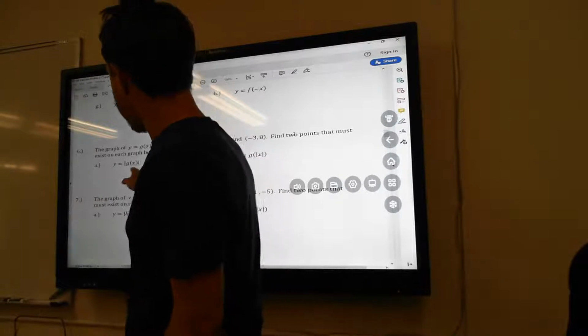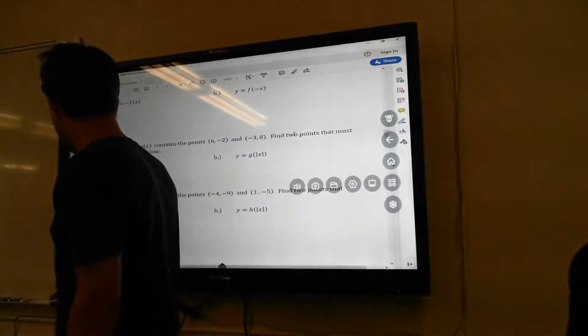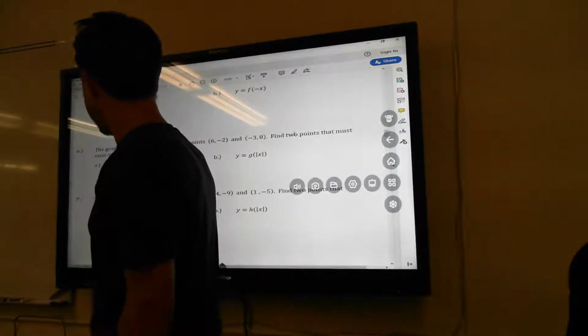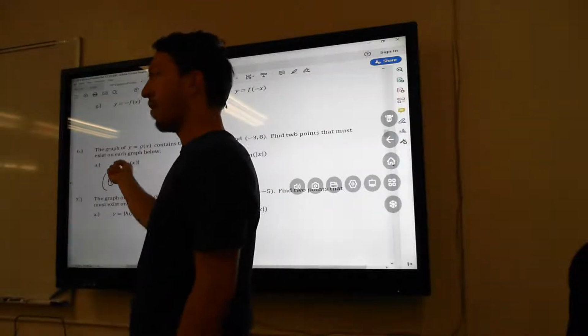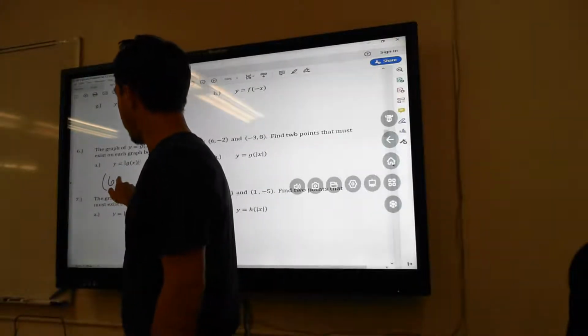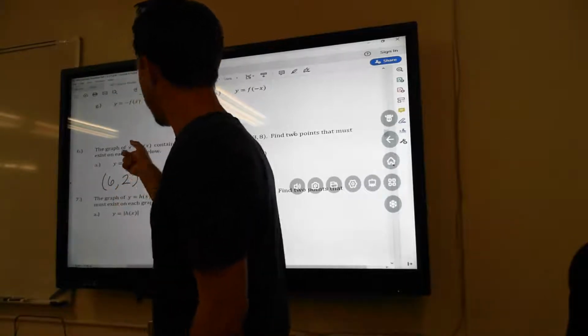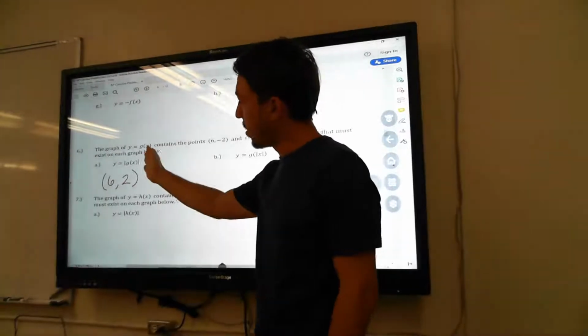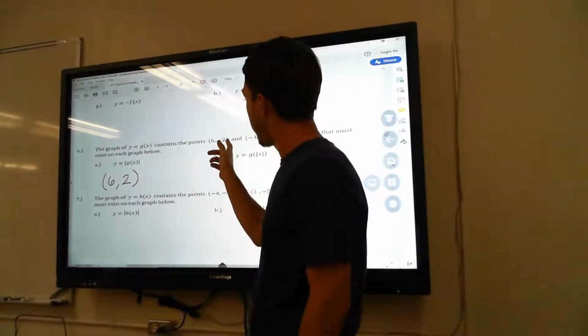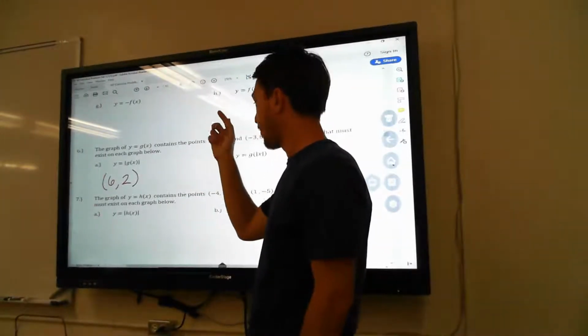Can I still plug 6 in? Yes, if I plug in 6, it's g of 6. What's g of 6? -2. But what happens to that y value? It's turned positive. So the moral of the story is, if the y value is negative, it gets turned positive.